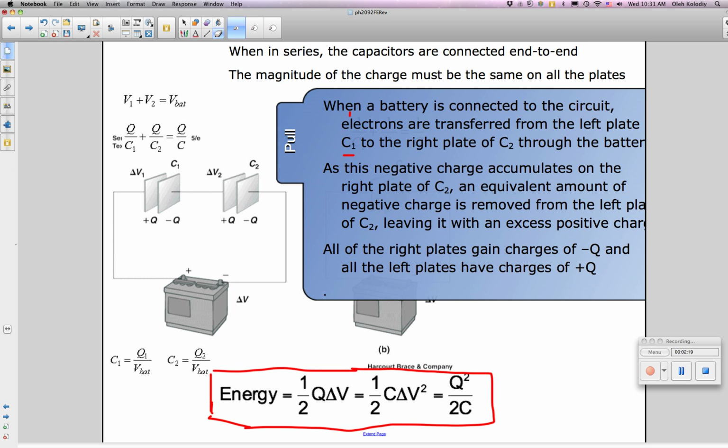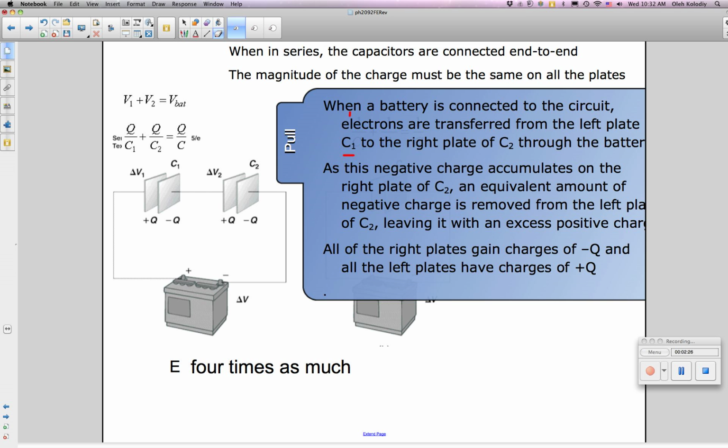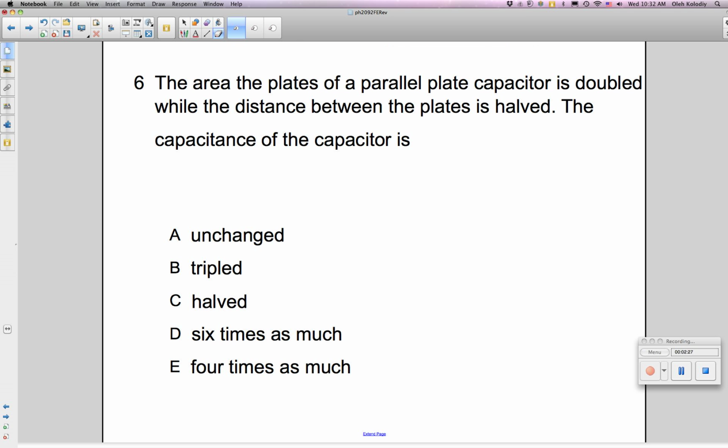So this new capacitance is going to be, 2 divided by 1/2 is 4, 4 epsilon naught A over D. It used to be just epsilon naught A over D originally. Now it's equal to 4 times that, so you can see the answer to the question is E, 4 times as much.